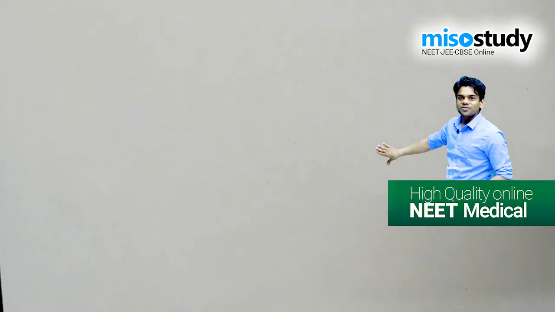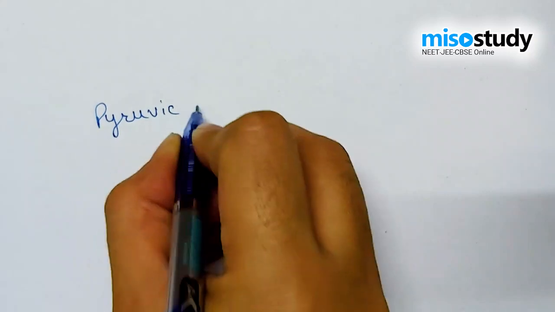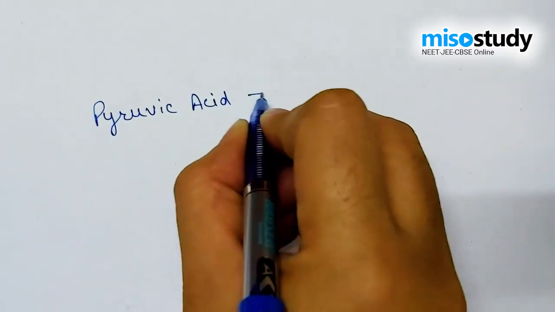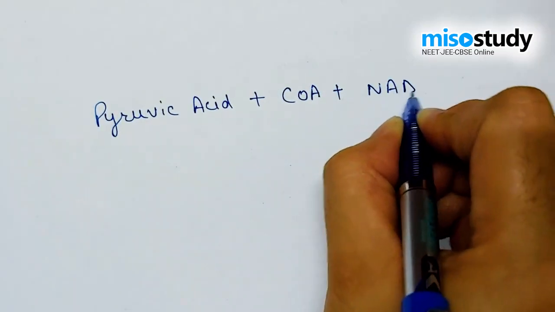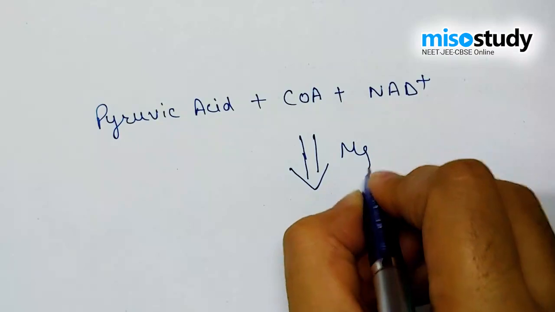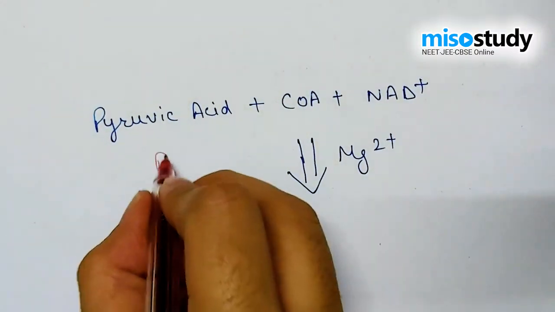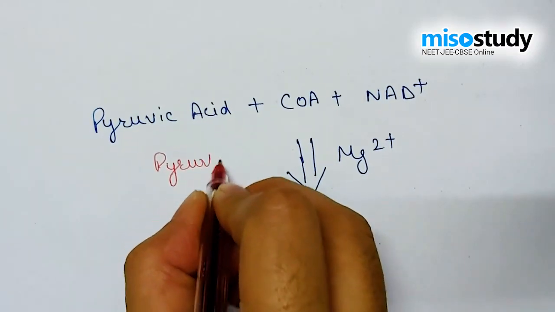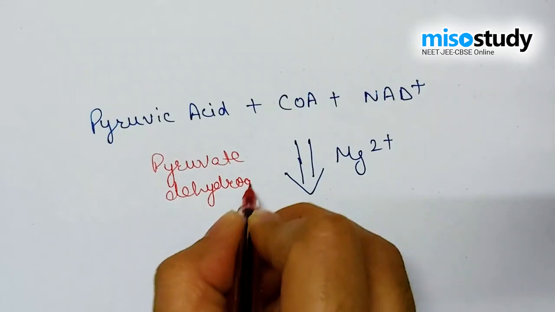And we can also write the reaction. For example, we just discussed the pyruvic acid when combined with the coenzyme A and the NAD plus in the presence of magnesium ions and the enzyme named pyruvate dehydrogenase.